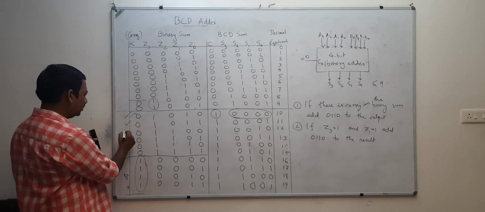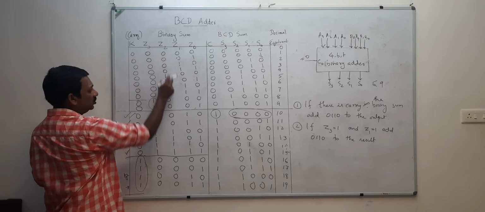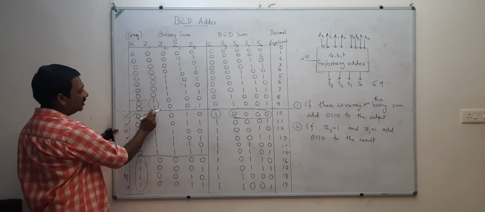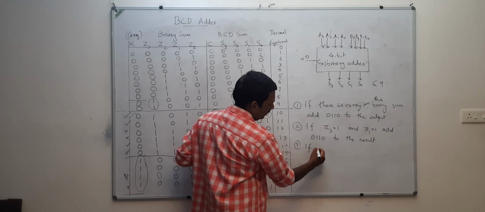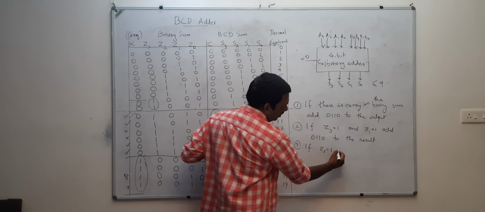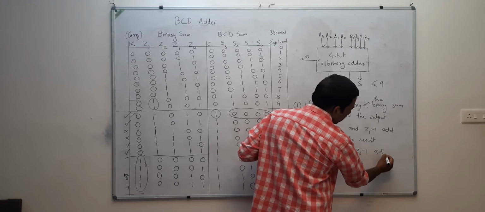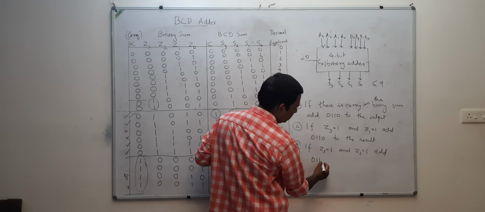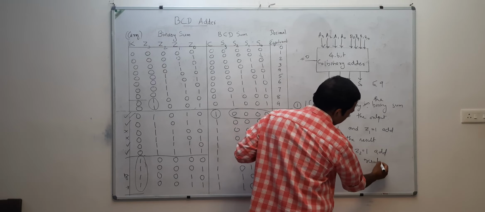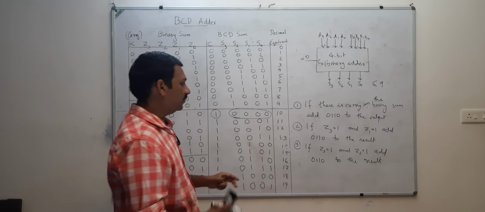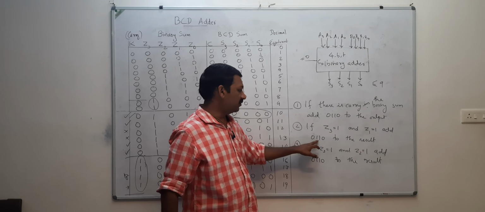Now we have to consider these two cases, and in those two cases Z2 is equal to 1 and Z3 is equal to 1. That means case number 3, if Z3 is equal to 1 and Z2 is equal to 1, add 0, 1, 1, 0 to the result.